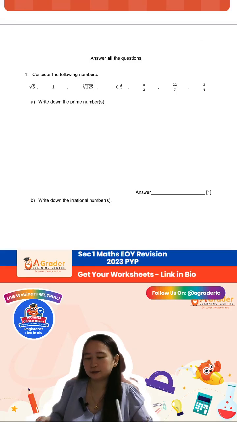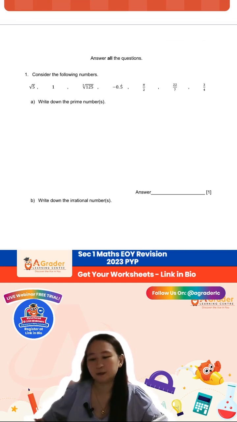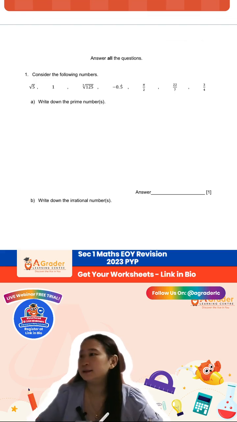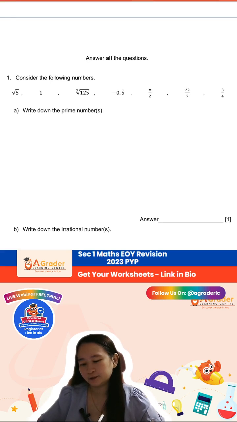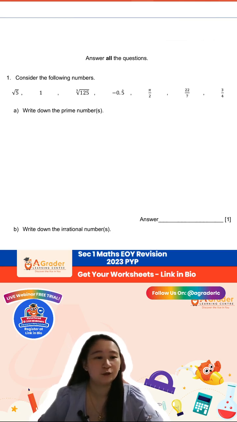Has anyone tried the first question? Write down the prime numbers. We have root 5, 1, cube root of 125, negative 0.5 with recurring 5, pi over 2, 22 over 7, and 3 over 4.